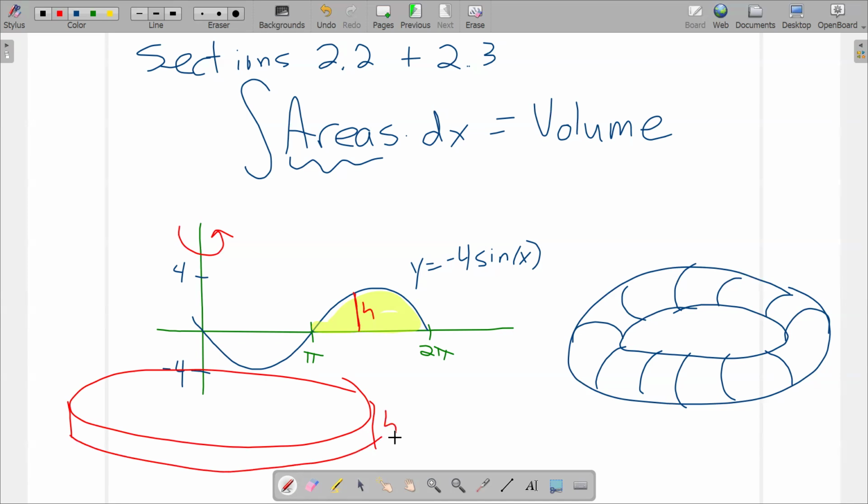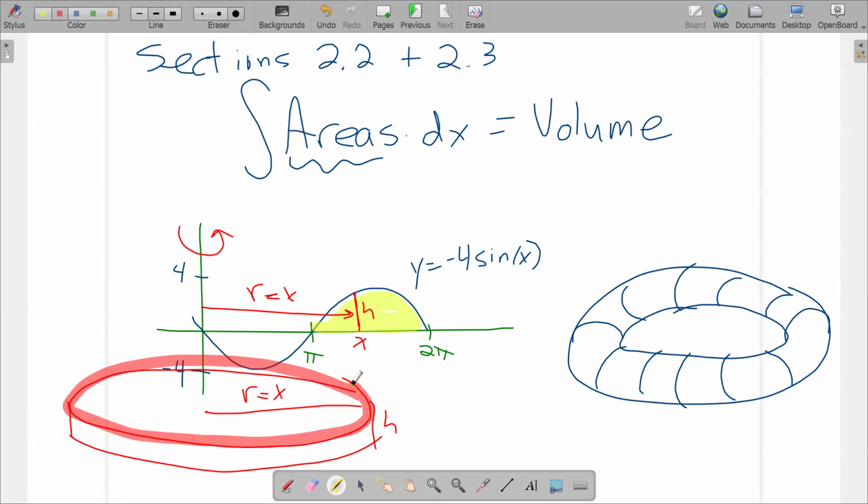And the radius to get to there is whatever x value I happen to be at there. Well, that's just the radius, right? So once we spin that, that's going to generate for us a circumference.